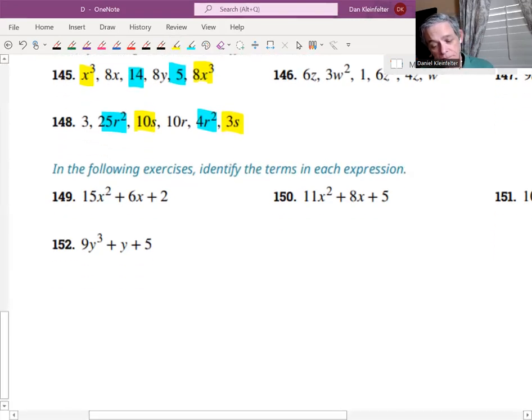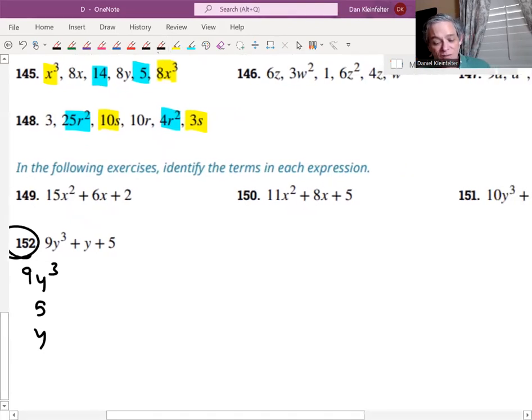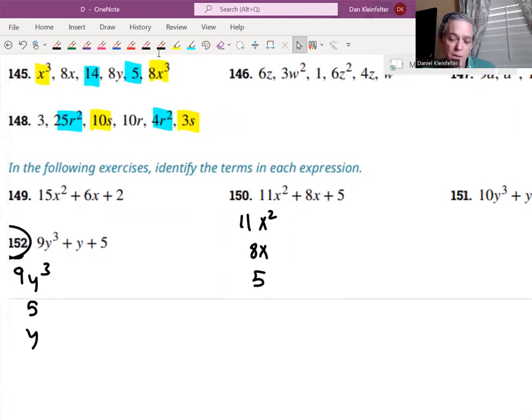All right, so now in the next part, we're to identify terms. We'll take 152. The terms are 9y cubed, 5, and y. I don't know why I did that out of order, sorry. For 150, it's 11x squared, 8x, and 5 are the terms.